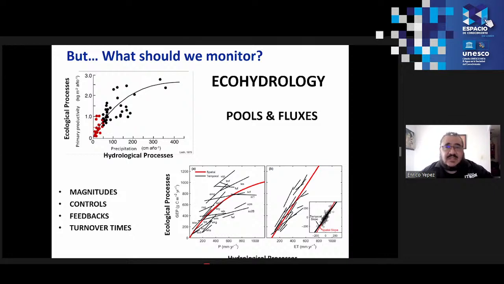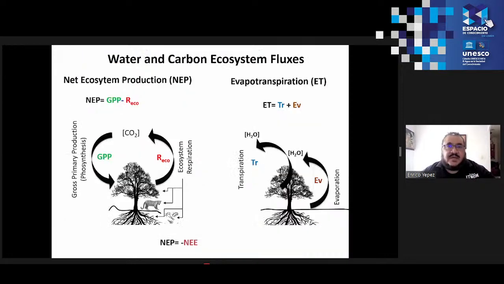This forces us to understand pools and fluxes. It forces us to quantify magnitudes, to understand the controls, to seek and find out what the feedbacks and the turnover times are of the elements of interest under this platform. So we think this vision is of value and has given us some good expertise on how to monitor and understand our ecosystems better.